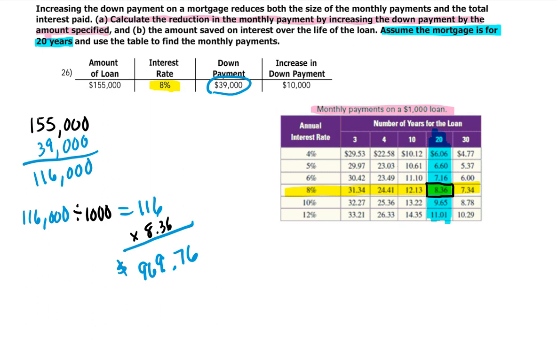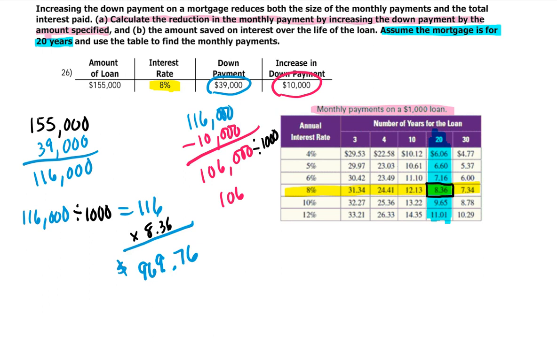Now, you go back and say, well, okay, we might be able to scrounge up another 10 grand. So if you do that, that means the $116,000, you now reduced it down another 10,000. So now you're looking at 106,000, which when you divide that by 1,000, that's only 106.